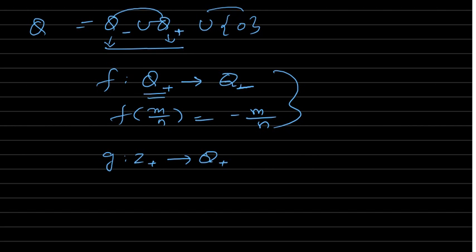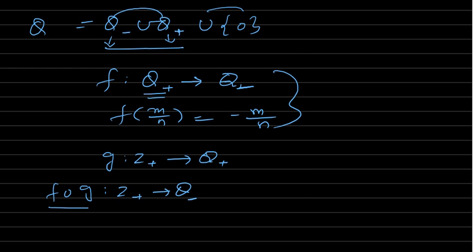Now let's compose these two. F composition G will be a bijection from Z plus to Q minus, because G is from Z plus to Q plus and F is from Q plus to Q minus. So that means we have a bijection from Z plus to Q minus, which gives that Q minus is countably infinite.